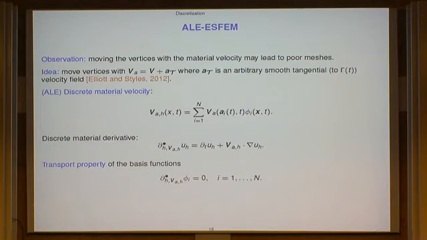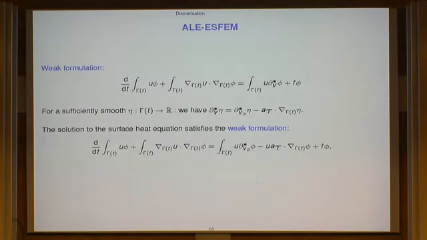The material derivative on the triangulated surface is now taken with respect to this new velocity field, v sub A. And now the basis function satisfies this new transport property, that the material derivative with respect to this velocity v sub A is 0. And we want to try and exploit this transport property in a numerical scheme.